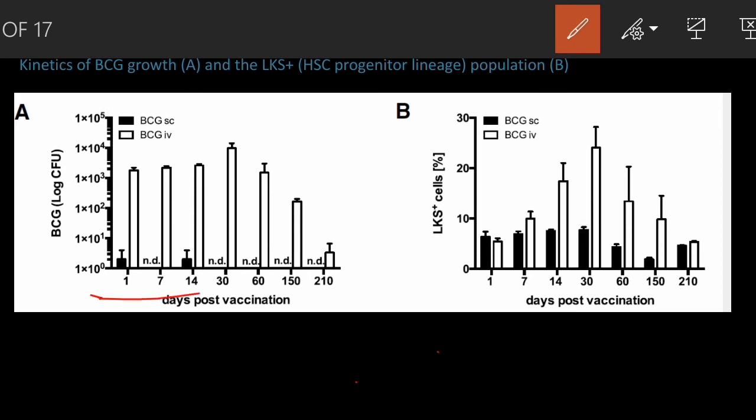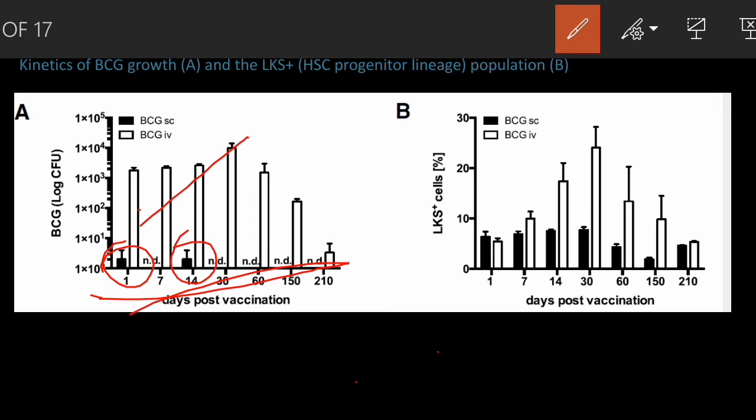This diagram represents that the intravenous injection gives higher access to the bone marrow. The growth of BCG, that is Mycobacterium bovis, is high, but the subcutaneously injected BCG population kinetics is very low when compared to the intravenously injected ones.